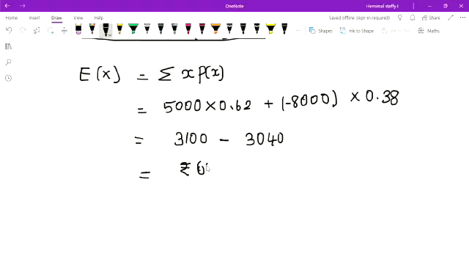So the expected value is rupees 60. Is it clear, children?